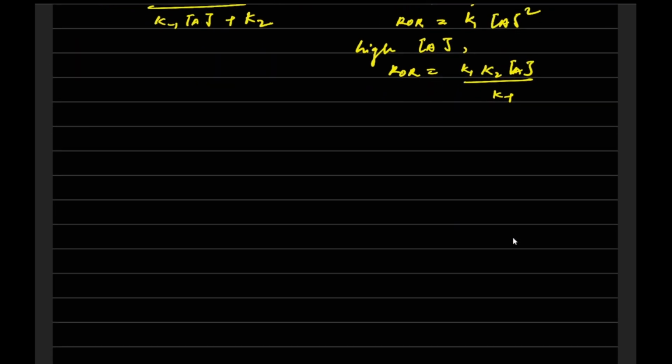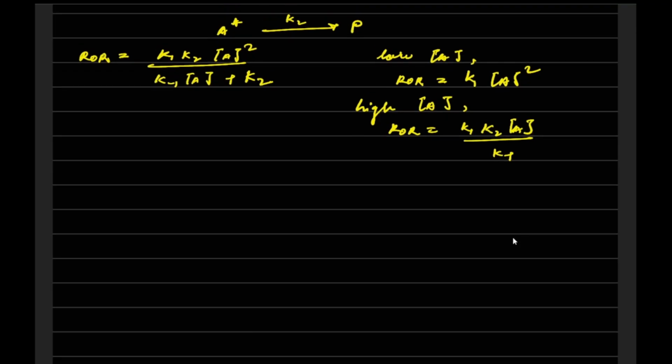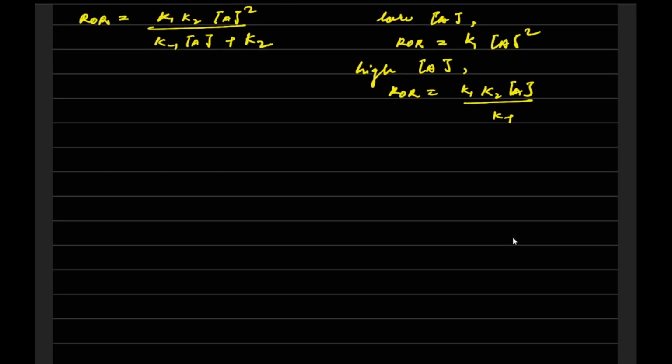Okay, so if there's another reaction of A to B where the rate constant is K dash, so K dash A is the rate of reaction for this reaction.